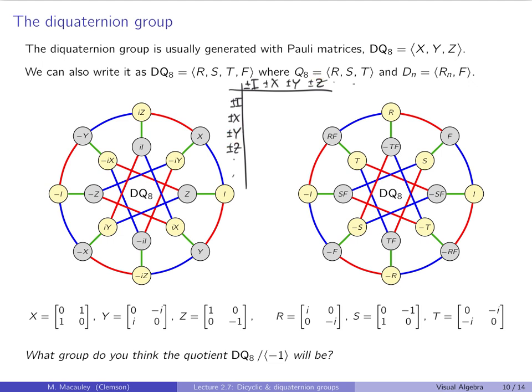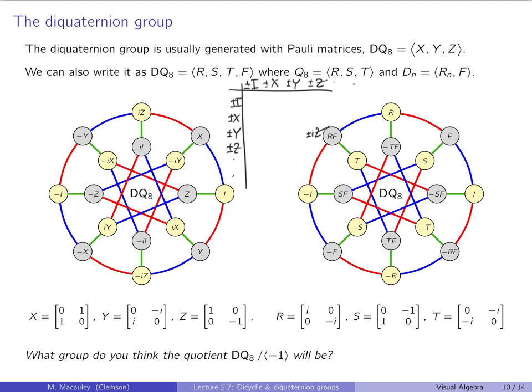So if you do that, you get, let's see, red times blue. What you get down here is plus or minus I times Z. You get negative IZ. So I claim if you do negative X times positive Y, or negative X times negative Y, you're going to get either IZ or minus IZ.